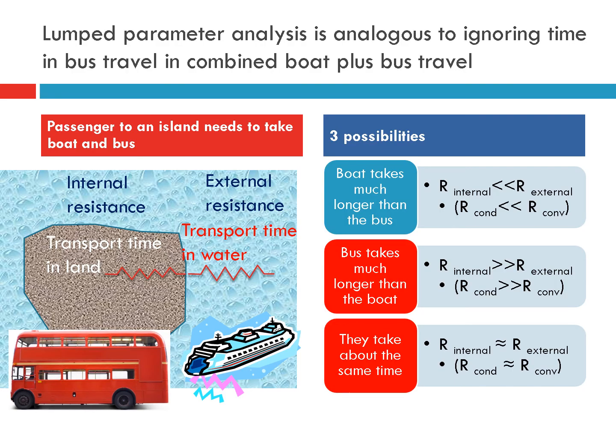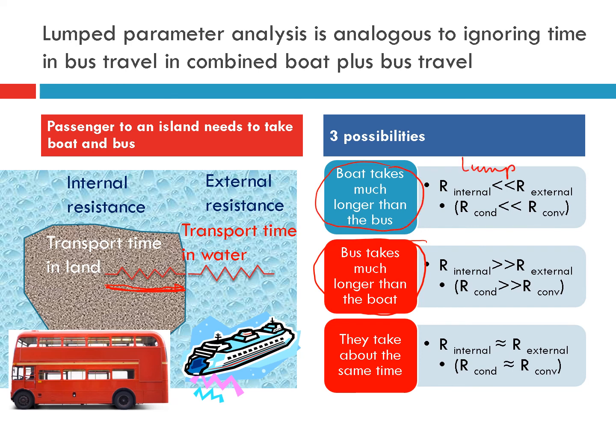Now the case we just did in this transport analogy is when all the time is taken to reach the edge of the island. In other words, the internal resistance is the most significant. So the bus takes much longer than the boat. Before that, we did the case when the boat takes much longer than the bus.